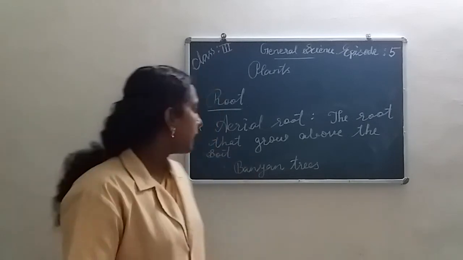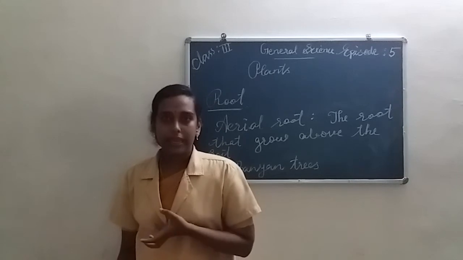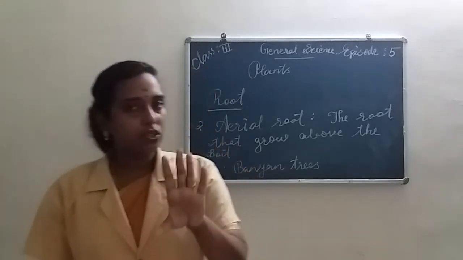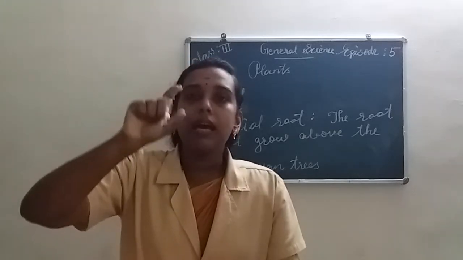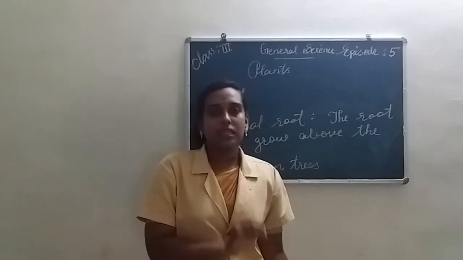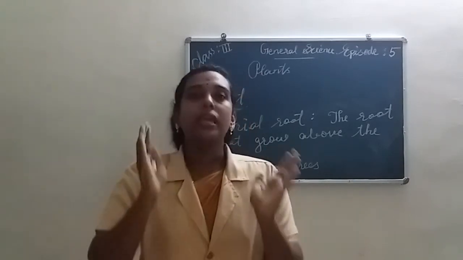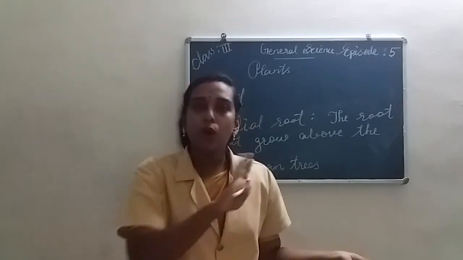Okay. So these are the three important types of roots: taproot, fibrous root and aerial roots. Once again I repeat. Taproot means there is a main root that comes from the base of the stem, and many small roots come from the main root.